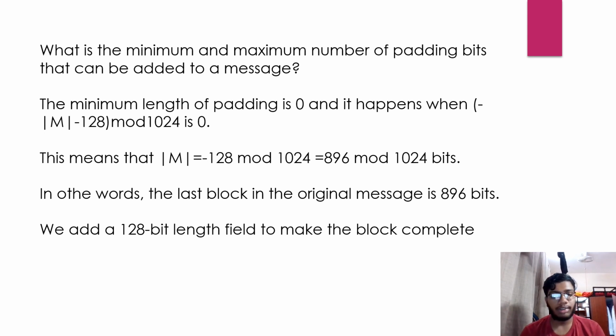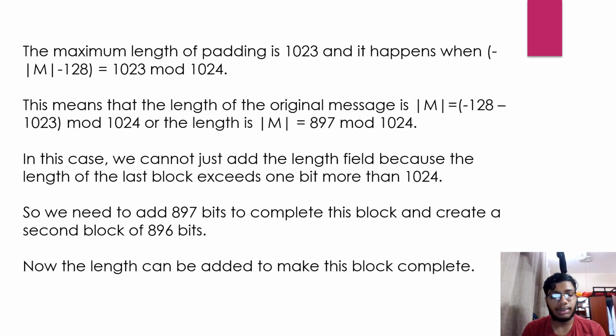Then 896 minus 128 is what we process, so at least this many bits are needed. So no padding is needed when the block is already 896 bits. For the maximum length, we should be able to pad at most 897 bits to complete the block.